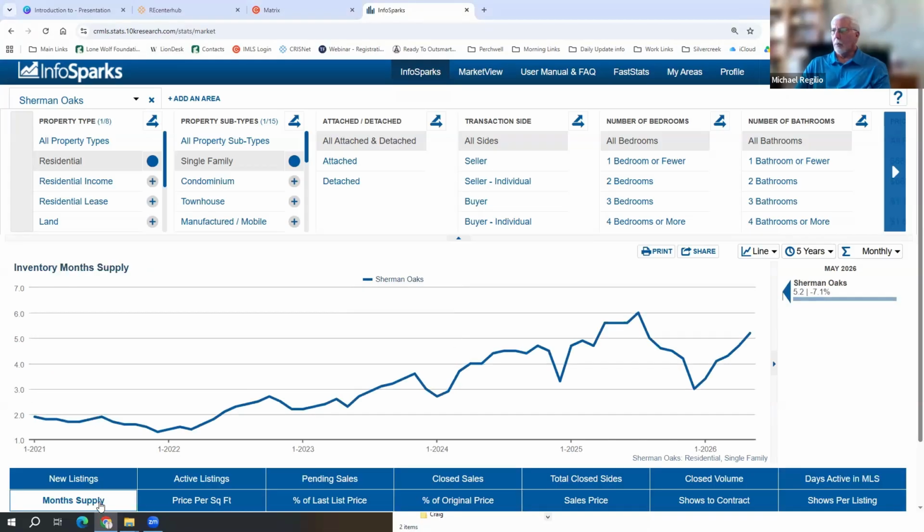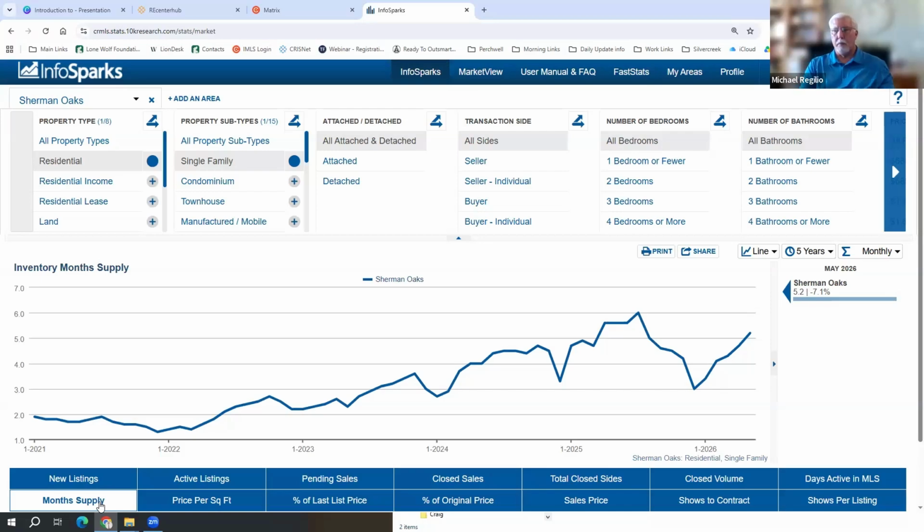All right, our next one is month's supply. This has been one that, back when I was skinny and I had dark hair, we always talked about when it's a buyer's market or a seller's market based on the number of months' supply. SRAR stats, CAR stats, NAR stats, all of the different economists are quoting and publishing the month's supply of inventory.